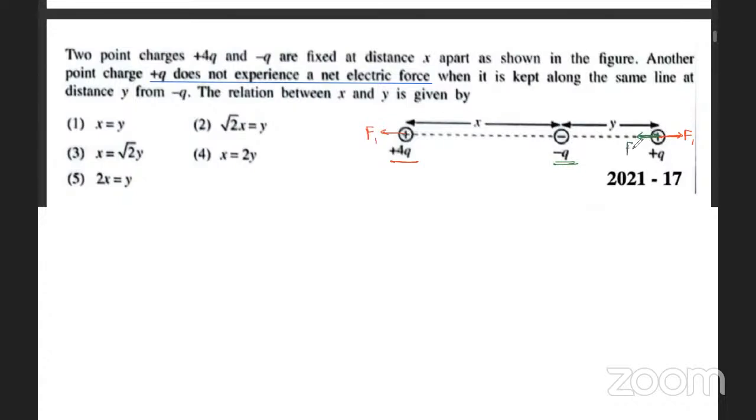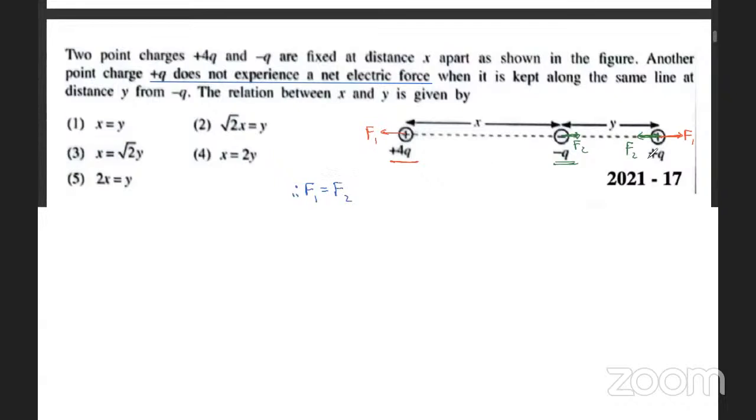So minus q will give a force towards the left side on plus q, and plus q will give a force to minus q towards the right side, F2. These two will also attract each other, but that is not our concern in this question. Our concern is only this plus q, because they are saying plus q does not experience a net force. If that's the case, I can say F1 is equal to F2.